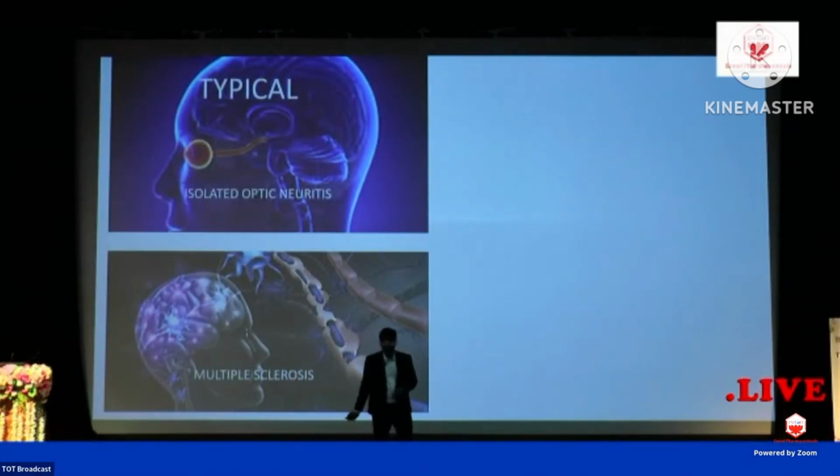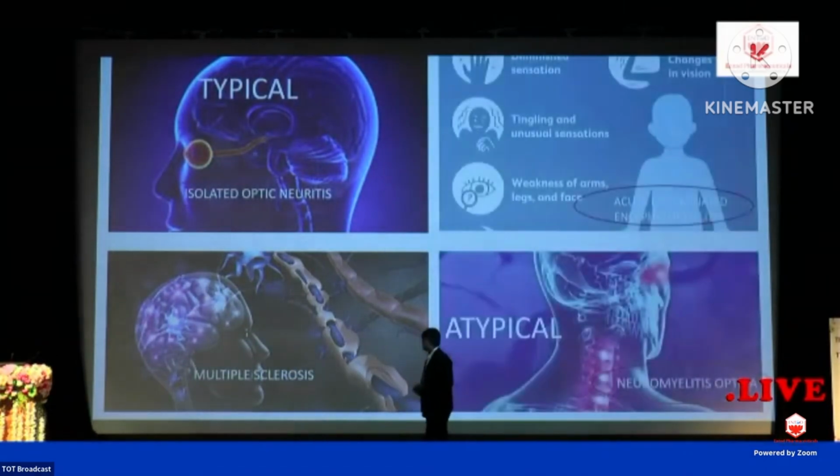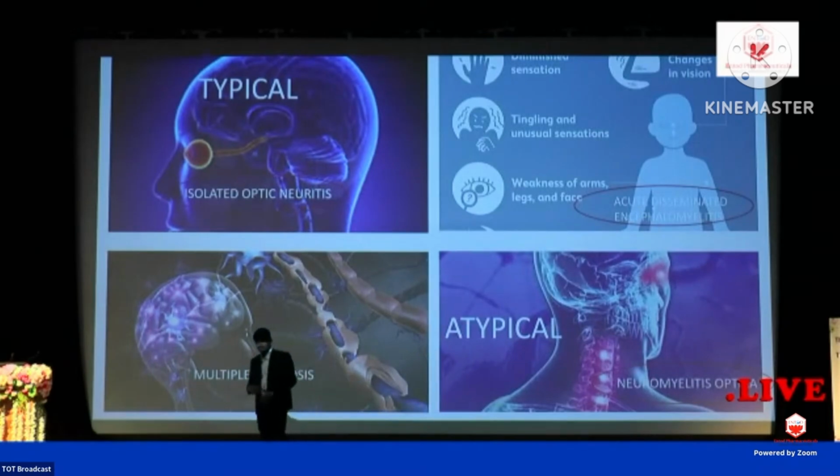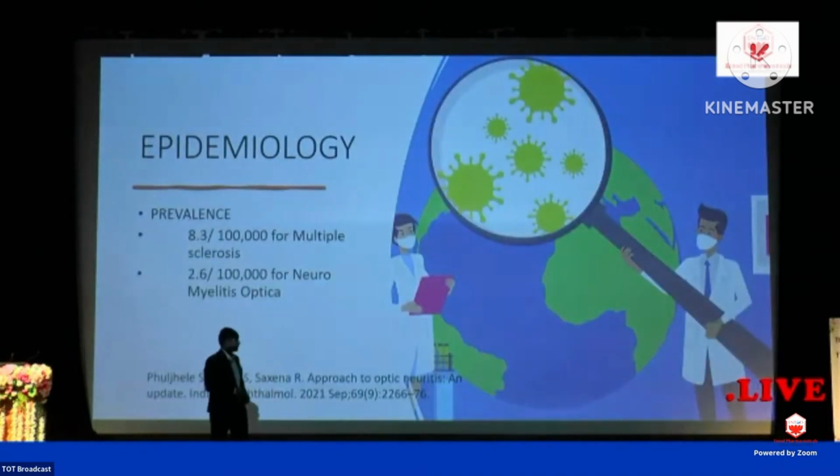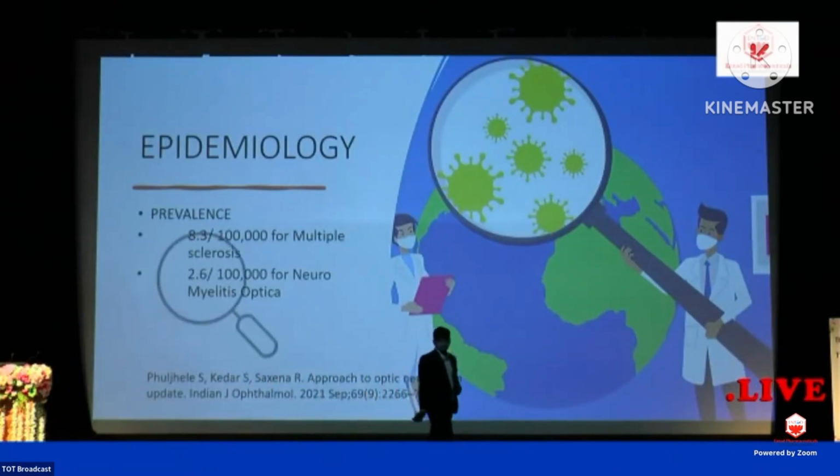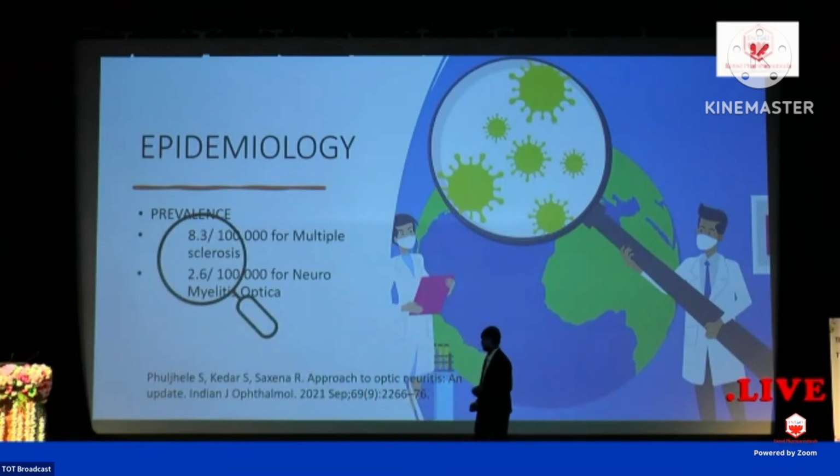This is considered a typical optic neuritis. Otherwise, if it presents with acute disseminated encephalomyelitis or neuromyelitis optica, we will consider it an atypical optic neuritis. The prevalence rate for multiple sclerosis is 8.3 per lakh, and for neuromyelitis optica 2.6 per lakh.